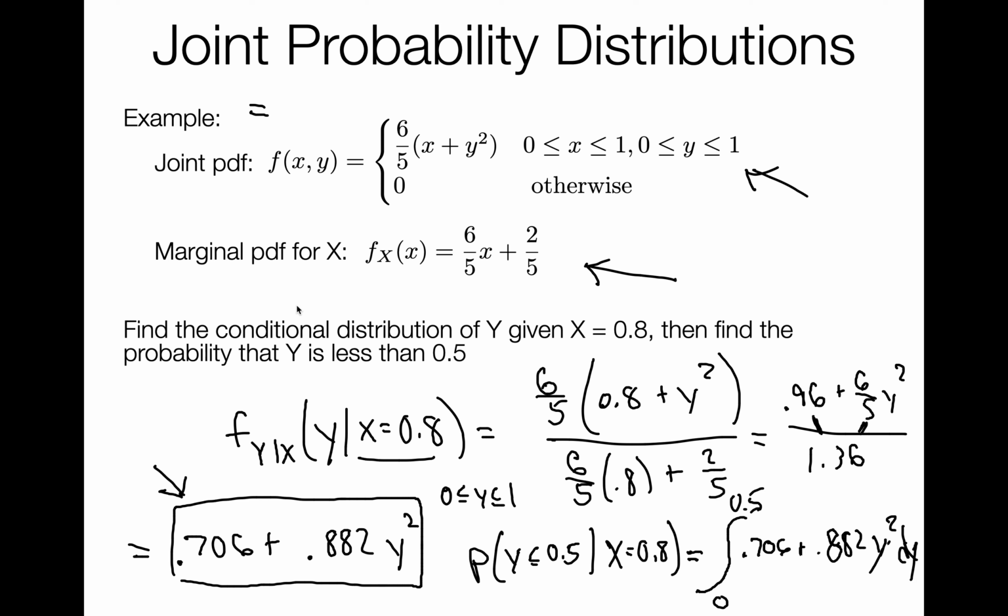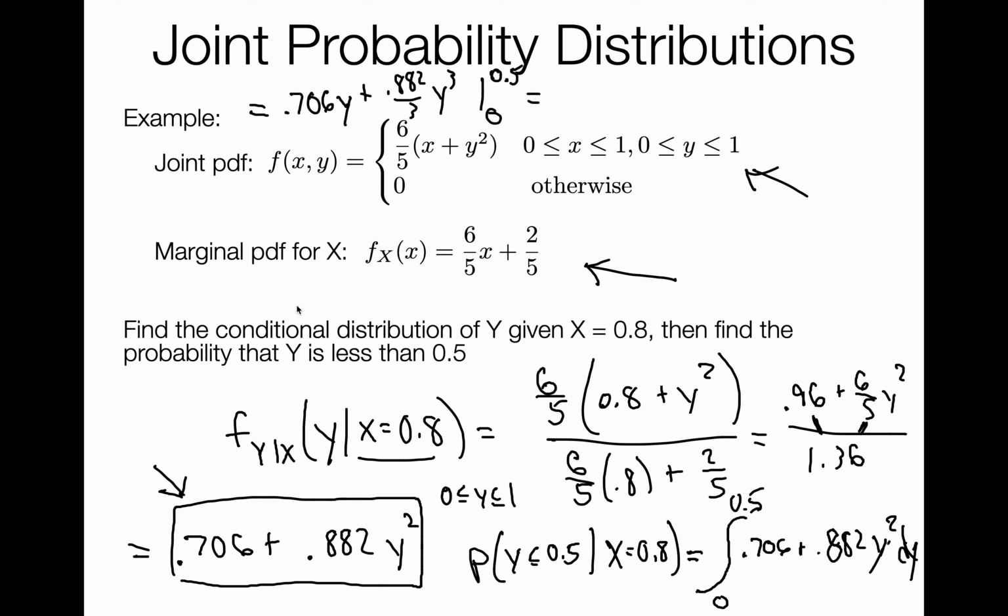And so the antiderivative is 0.706y plus 0.882 divided by 3 y cubed. Just doing antiderivative rules, and I evaluate this from 0.5 down to 0.